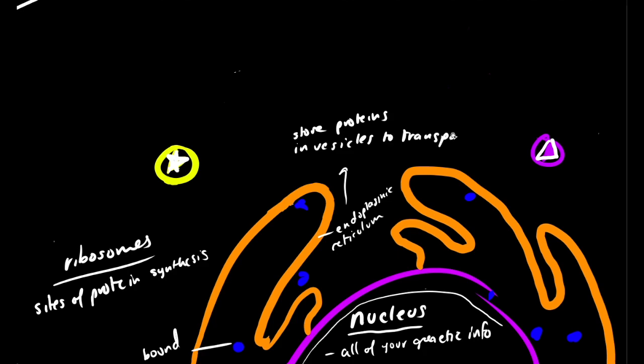What is a vesicle? Well, if we take the proteins from the ribosomes, and let's just make it purple, what the endoplasmic reticulum does is as the protein is leaving the endoplasmic reticulum, it'll actually be encircled in a lipid monolayer like this, so that it's easy to transport throughout the cytosol.